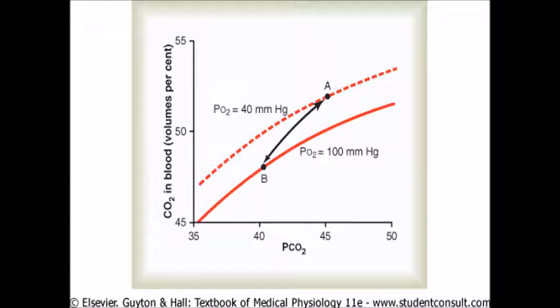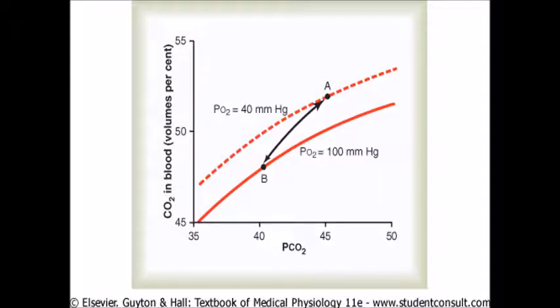Now there are 2 points shown, A and B. So what happens in the tissue capillaries is, in the tissue capillaries we have PCO2 of 45 millimeter of mercury. Trace the point A on the y-axis, there is 52 volume percentage of carbon dioxide in tissue capillaries.